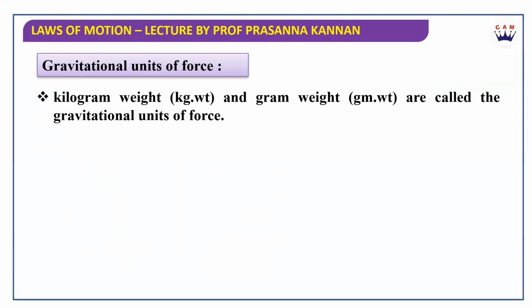Most of the time, when we are dealing with force, many times we'll be talking about gravitational force. That's the reason we say it in terms of kilogram weight. For example, you go and ask in a store, give me 5 kg of rice. What are you buying? Are you buying 5 kg mass of rice?